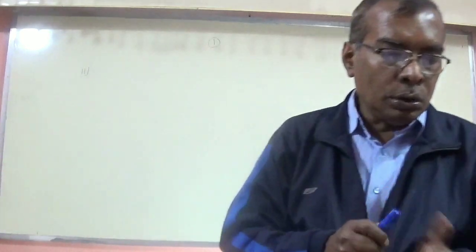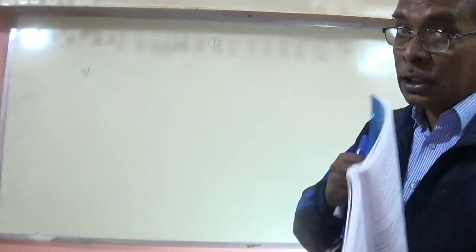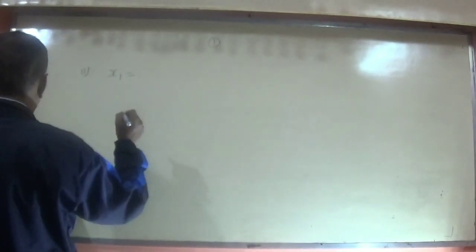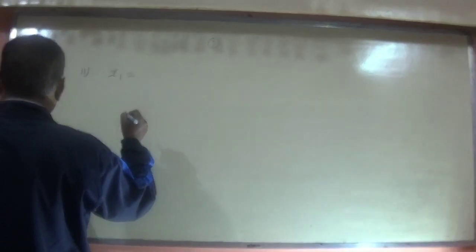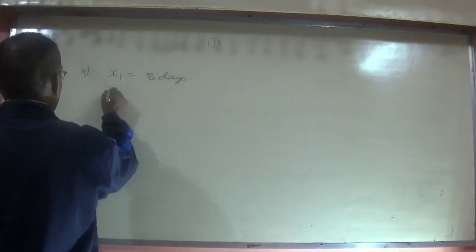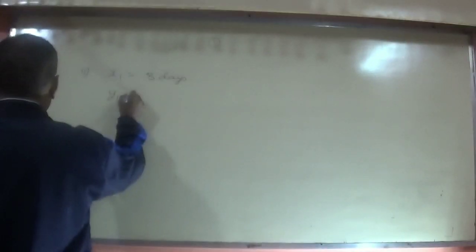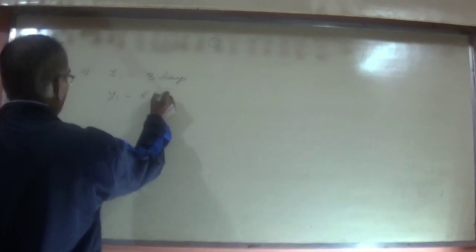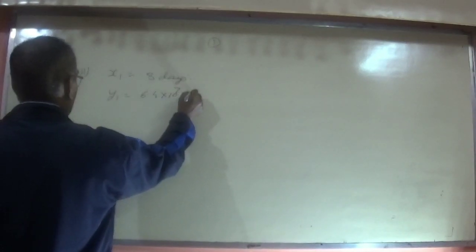So what you have to do, first of all, write out the data x1, y1, x2, y2. So x1, the first number of days, is given as 8 days, and the quantity of dust y1 is given as 6.4 into 10 to the power 7 kilogram.